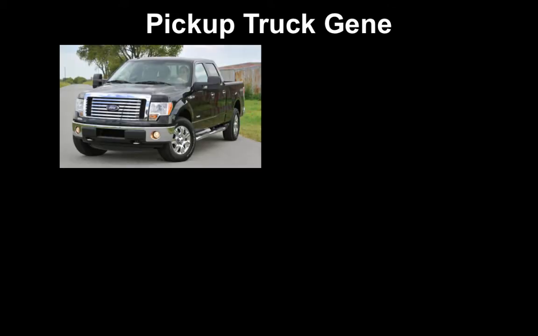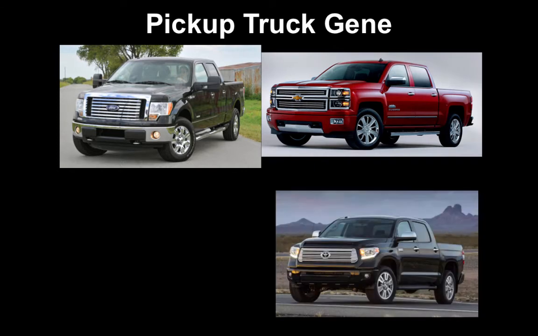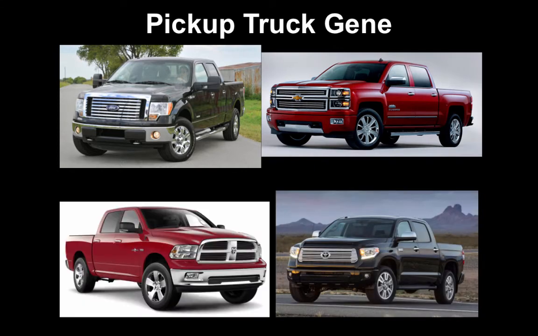All right, another way to look at this, let's say, think of like a pickup truck gene. When you think pickup truck, there's a certain style of vehicle that is. However, there's a whole lot of different versions of pickup trucks. Ford makes a different version. Chevy makes a version. Toyota makes a version. Ram makes a version.